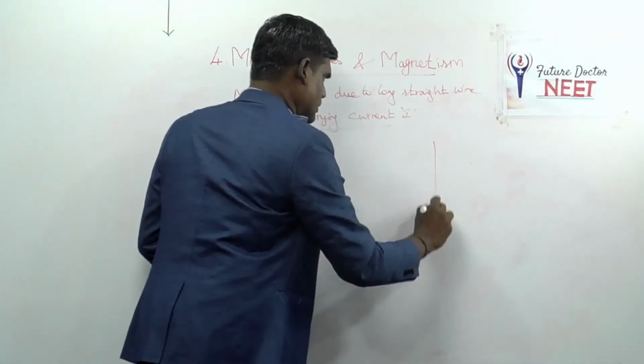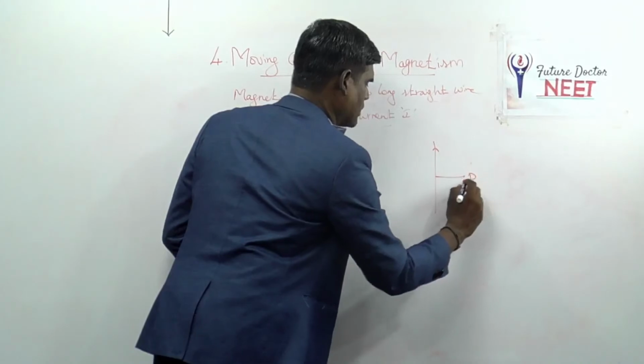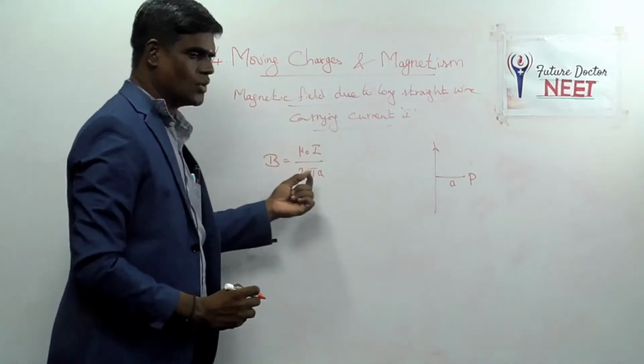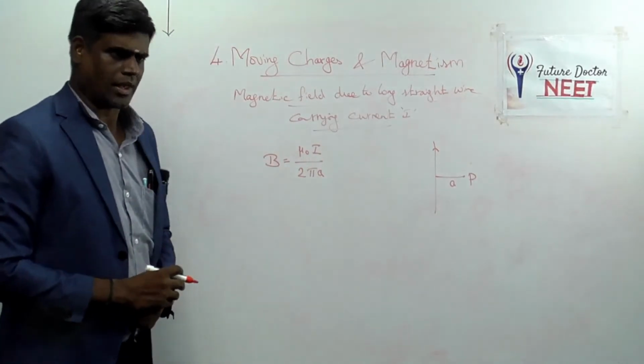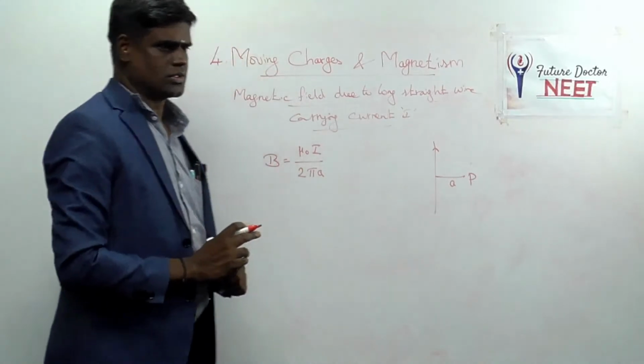Suppose this is a long straight wire carrying current and this P is a point at a distance a. Then B equal to mu naught I by 2 pi a. This is the formula for magnetic field due to a long straight wire.